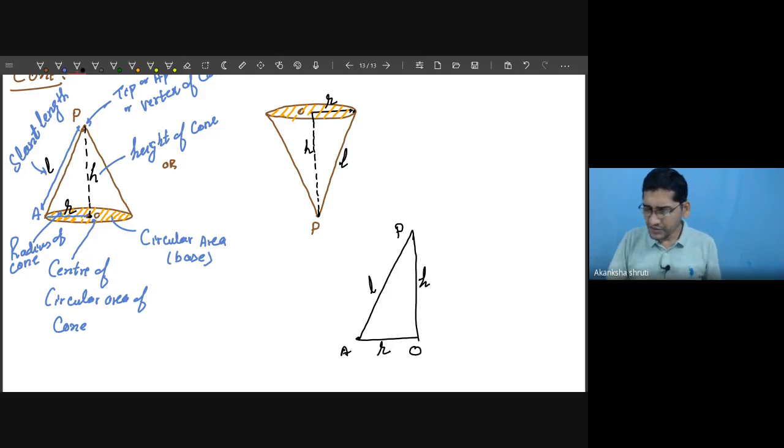Get it? So this way we can write a relation between R, H and L. What is that?